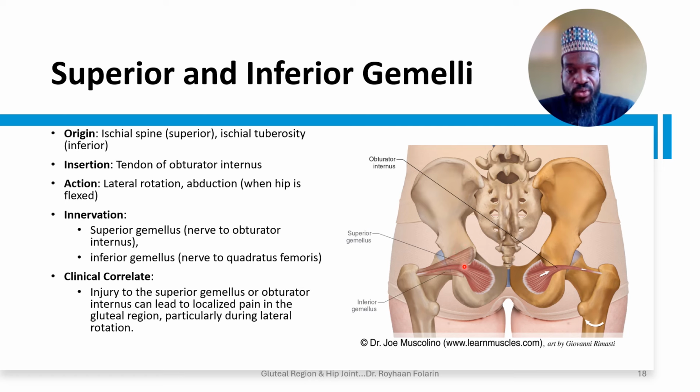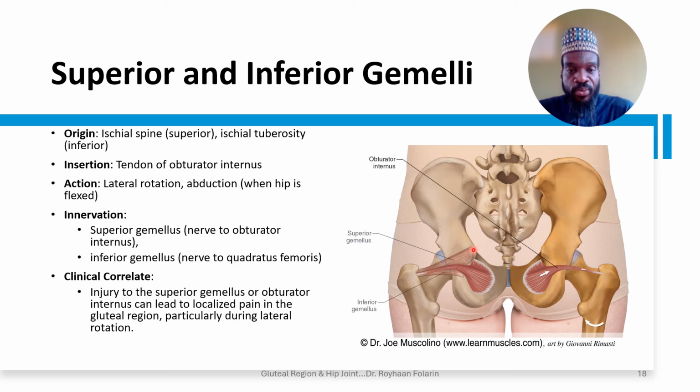As for the superior, you can see it's originating from the ischial spine. Here is the spine of the ischium. Remember, this is the posterior superior iliac spine, and here is the posterior inferior iliac spine. On the far end are the anterior superior iliac spine and the anterior inferior iliac spine. So beneath the posterior inferior iliac spine, you have the ischium, the ischial spine here.